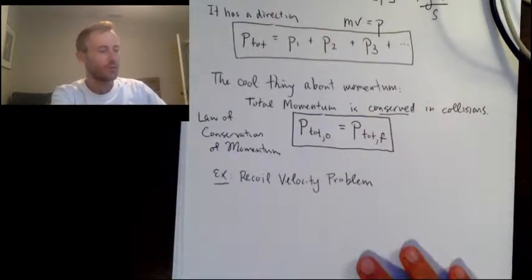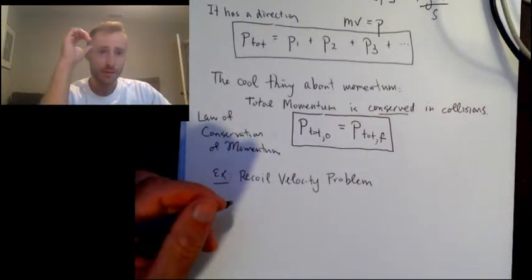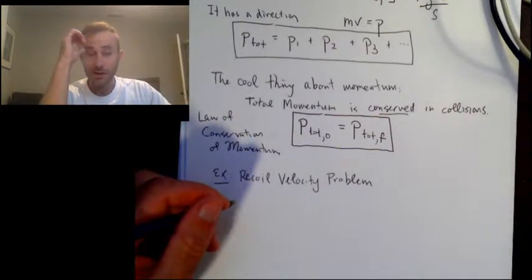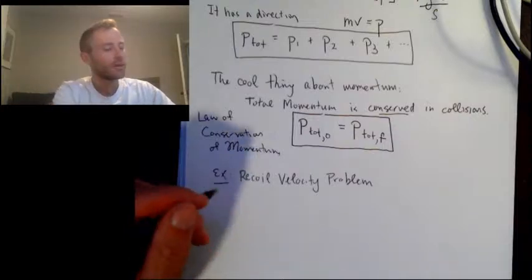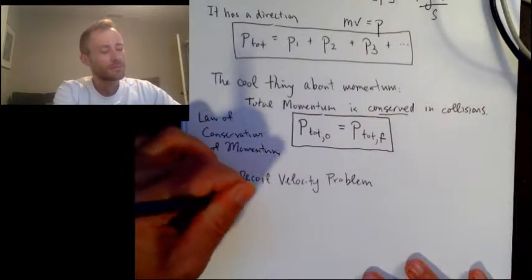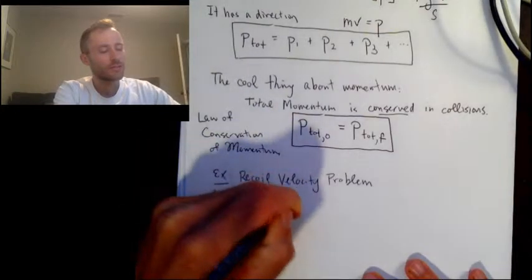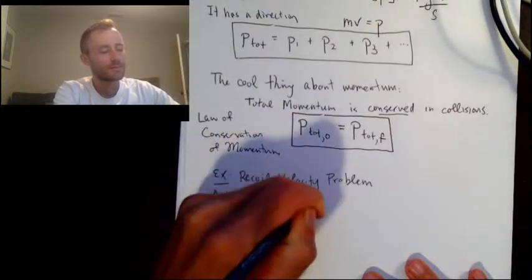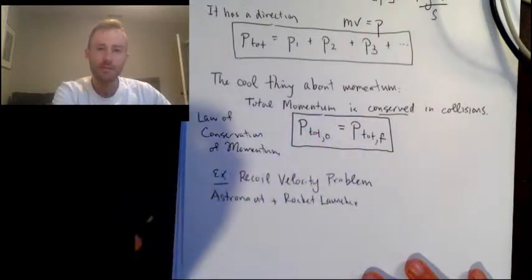Let's suppose that we have an astronaut with some kind of a projectile launcher, so maybe a rocket launcher, okay? So astronaut plus rocket launcher, okay?